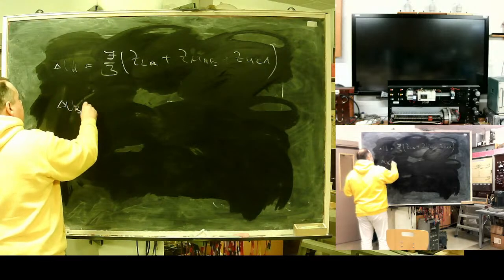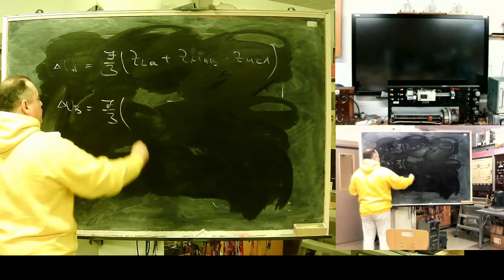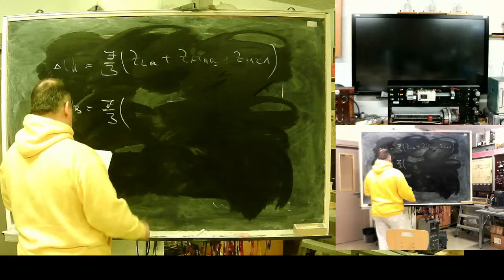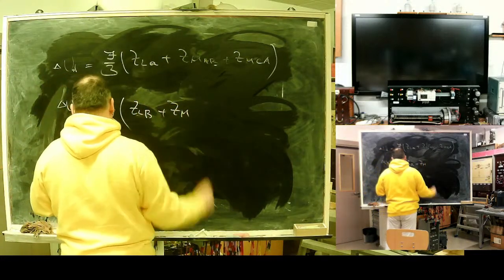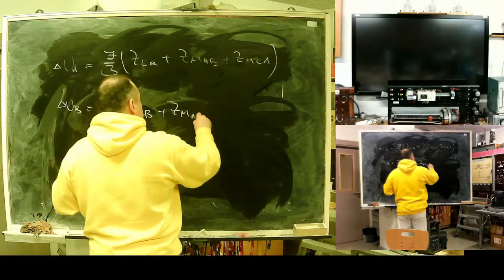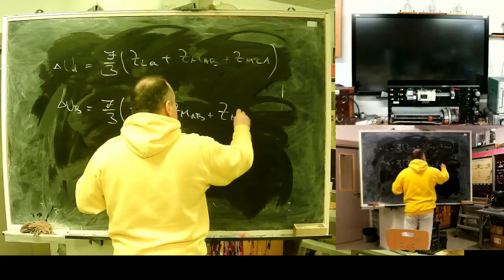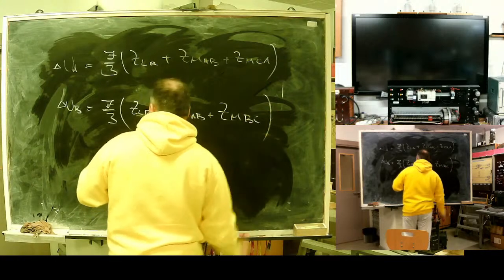For B phase, it will be 1/3 of the current times self-resistance plus mutual AB plus mutual BC.